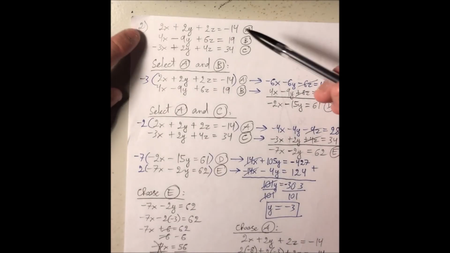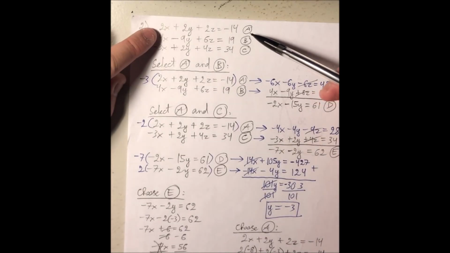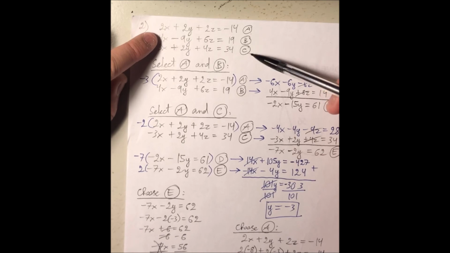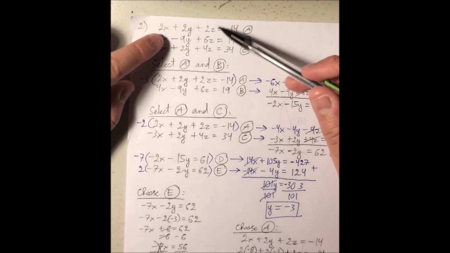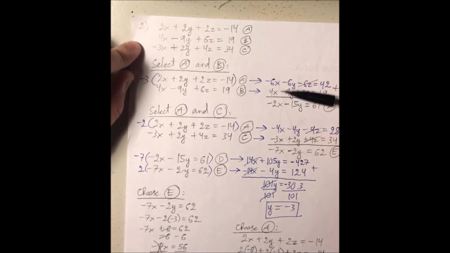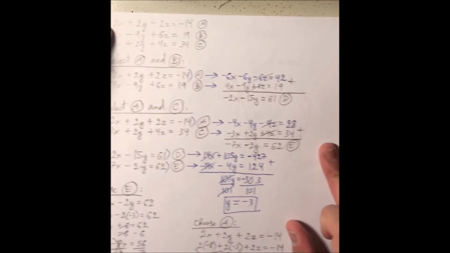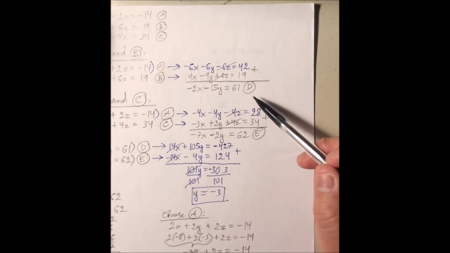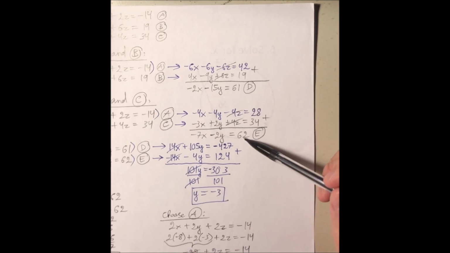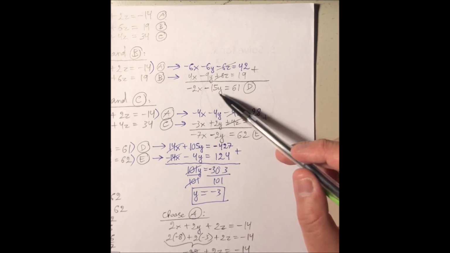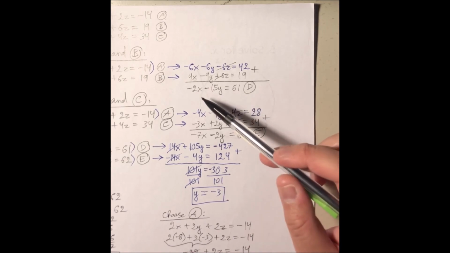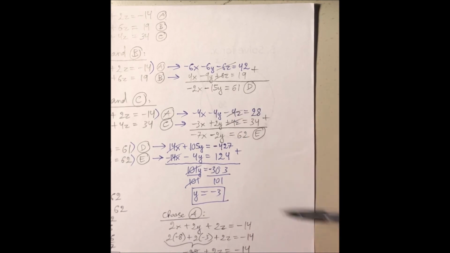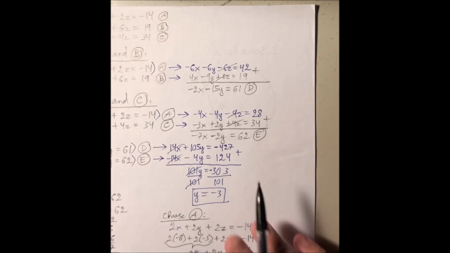So make sure that you start with selecting two of the original three equations. You eliminate one of the three variables, either x, y, or z. Go back, select two more, and eliminate that same variable. After doing that, you're going to come up with two new equations, and these two new equations will only have two variables, either x and y, x and z, or y and z, depending on which variable you're trying to eliminate at the beginning.